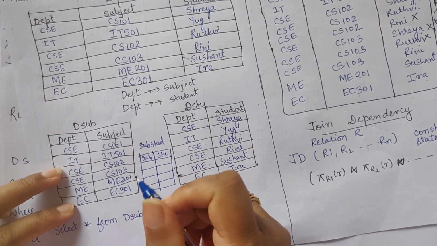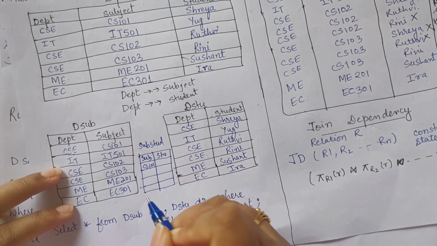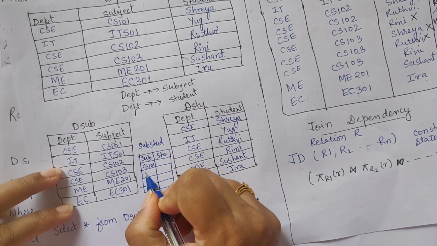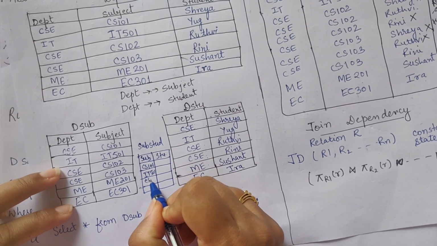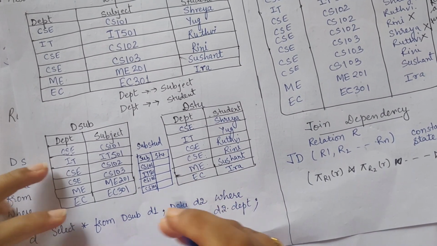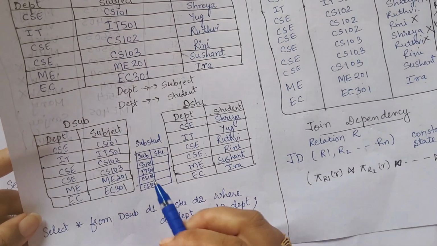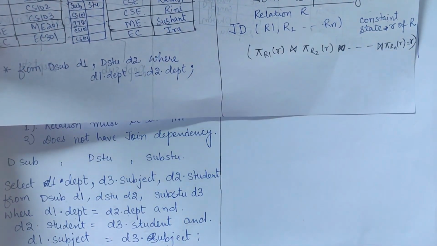In short I will write, so subject CS 101, IT 501, CS 102, CS 103, and mechanical and EC will also come, but they are not creating any problem because already we have distinct values.